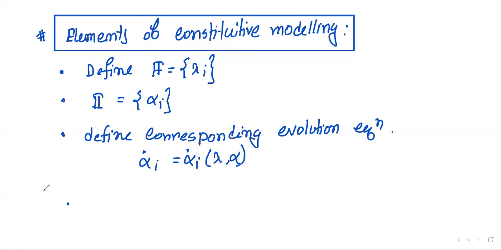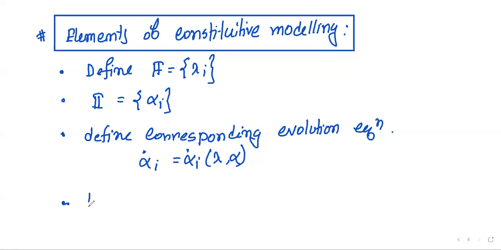Then you have to postulate a specific form of the free energy. Again, for this postulate of the form of the free energy, the only guide is your experience with the problem and your physical intuition. You have to define the form of the potential energy in such a fashion that it is able to describe the existing phenomena, so your result has to be consistent.